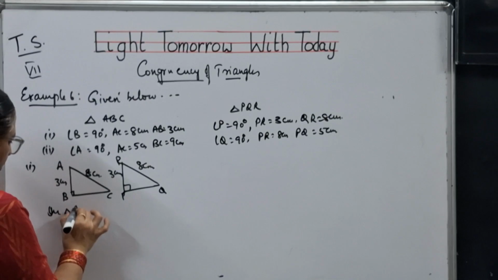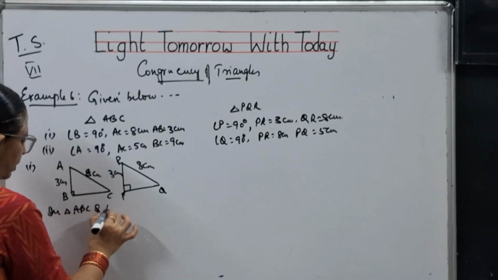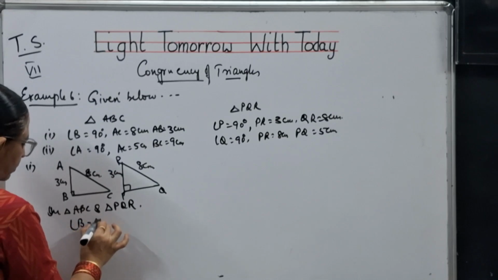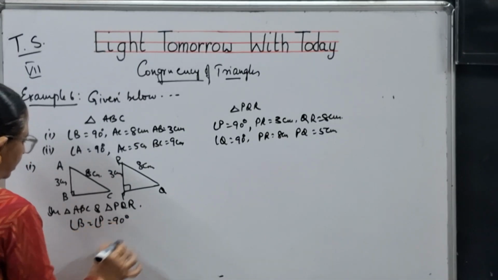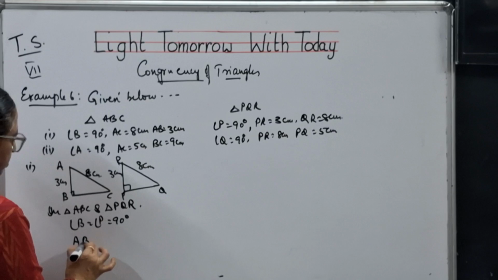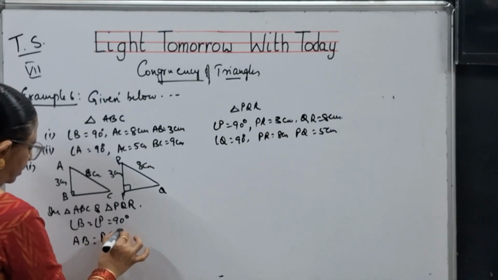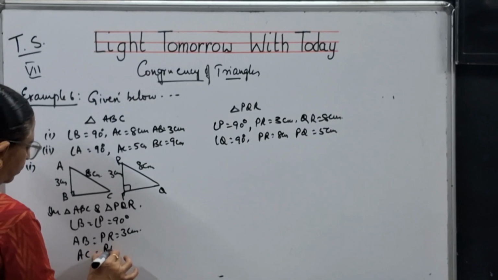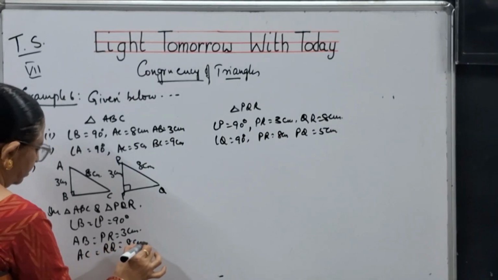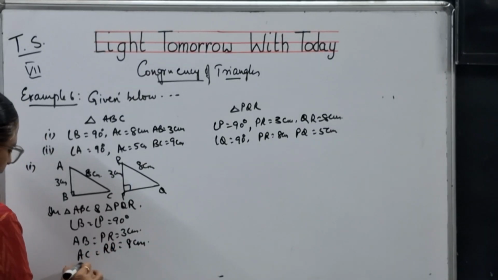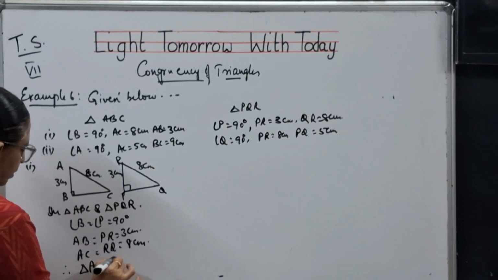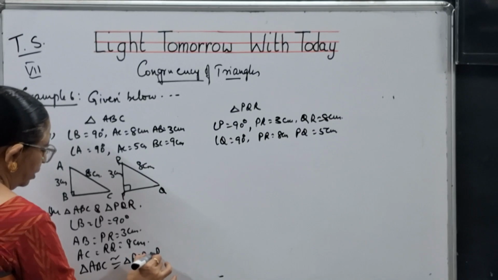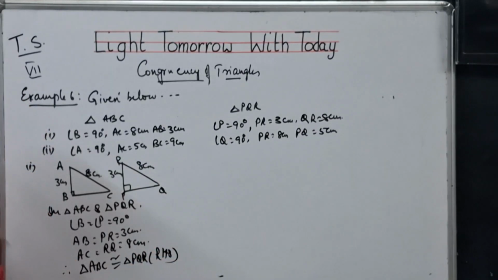So let us write: in triangle ABC and triangle PQR, angle B is equal to angle P, 90 degrees. AB is equal to PR, 3 centimeters. AC is equal to RQ, 8 centimeters. Therefore, triangle ABC is congruent to triangle PQR basing on the RHS property.